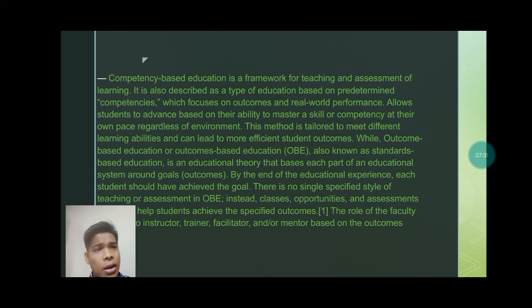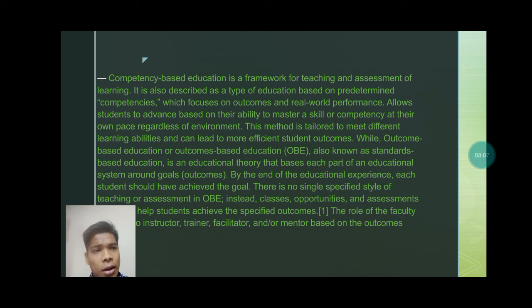So this method is tailored to meet different learning abilities and can lead to more efficient student outcomes, while outcome-based education, or OBE, also known as standards-based education, is an educational theory that bases each part of the educational system around goals or outcomes. By the end of the education experience, each student should have achieved the goal.